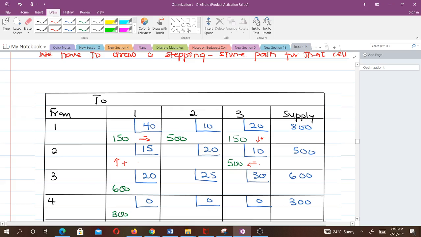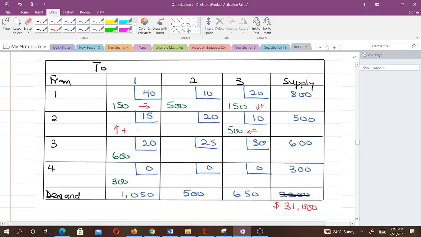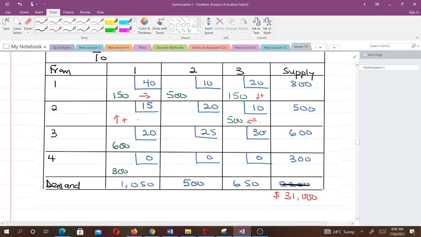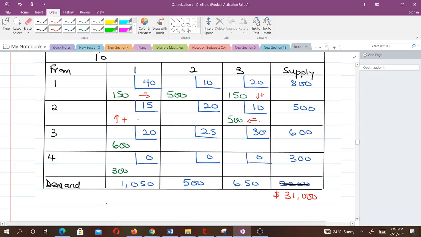So this is going to be the stepping stone path for the cell x21. That means to move from x21, you first go to x11, then you go to x13, you go to x23, then you come back to x21.